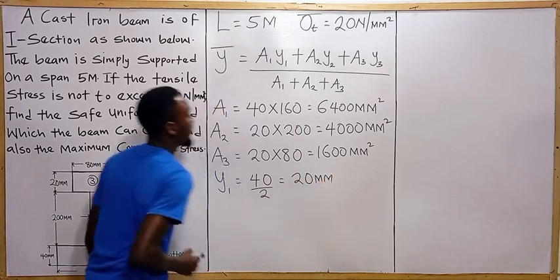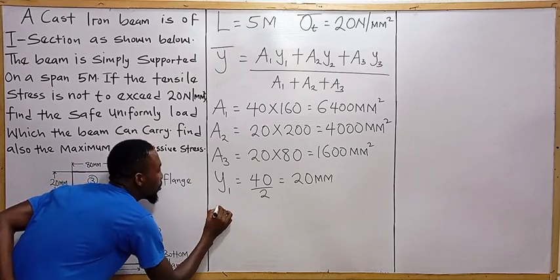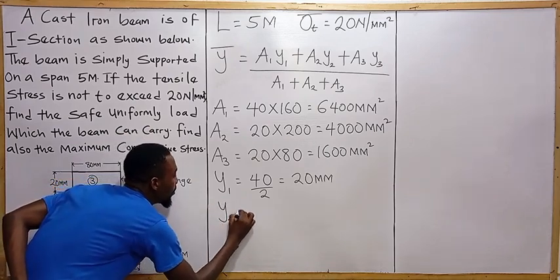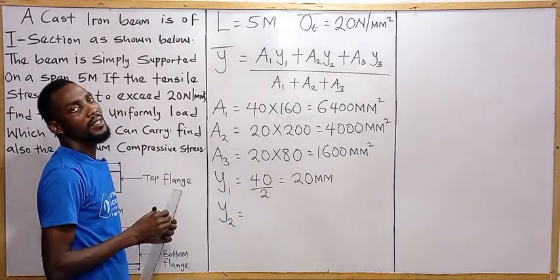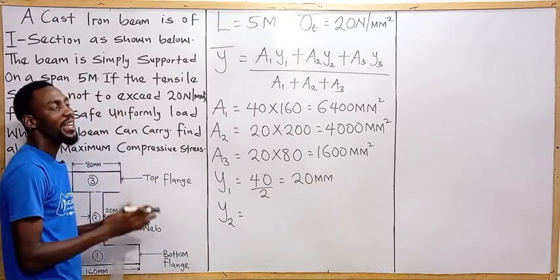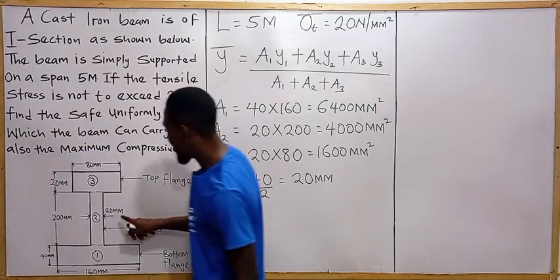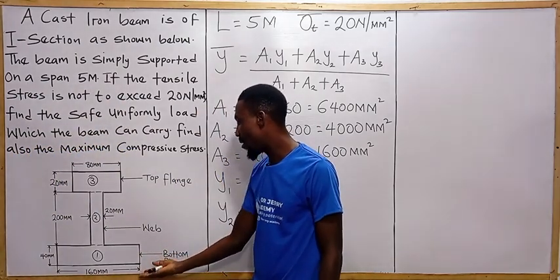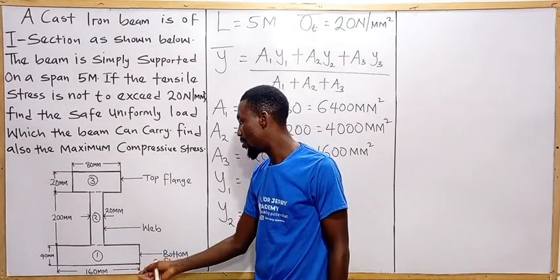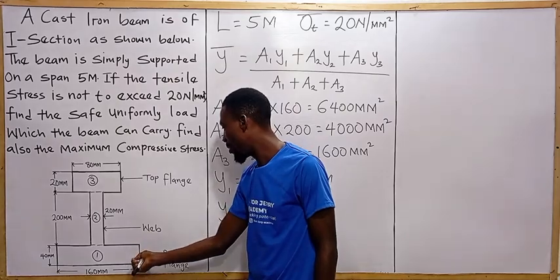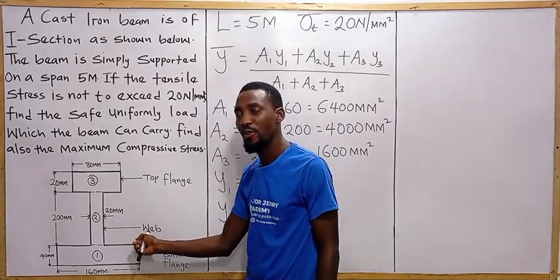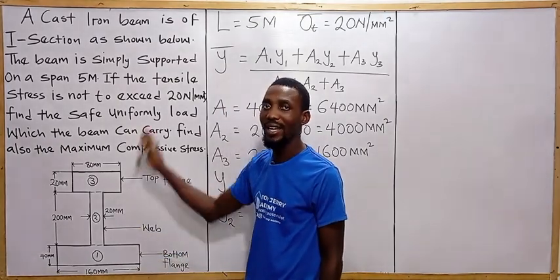All right. So now our y2. Our y2 is the distance of the center of gravity of a2 from the bottom surface. So this is our second rectangle, right? So we are going from the bottom surface. From this point to this point is 40, right? We are moving in the y direction.